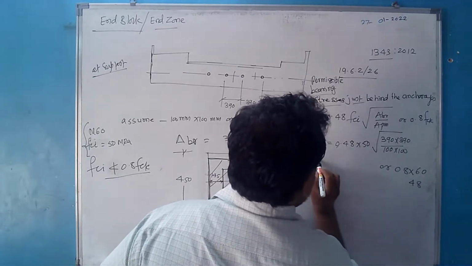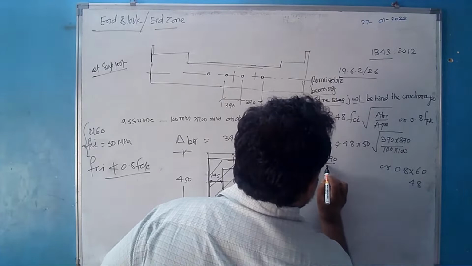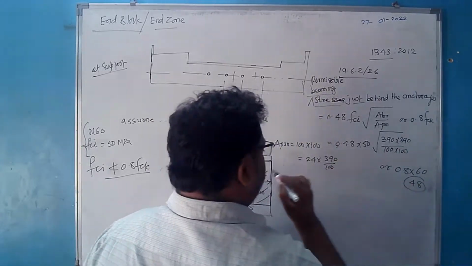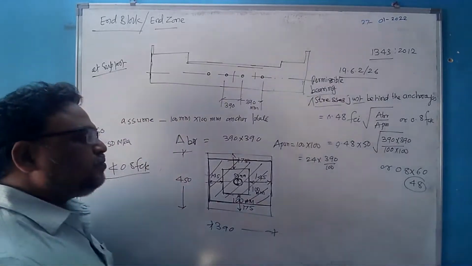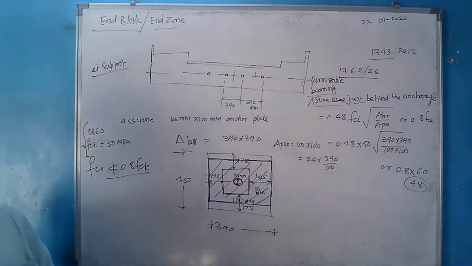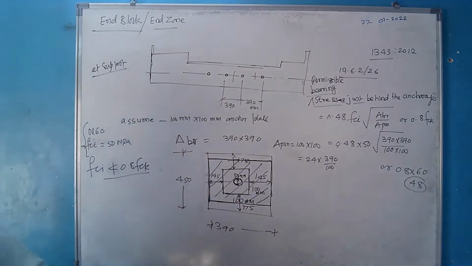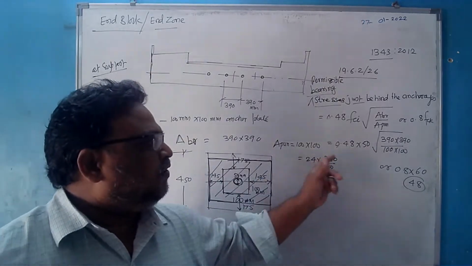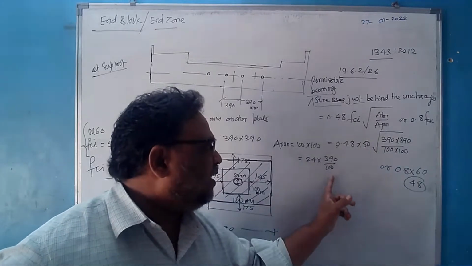So it is 0.48 into 50, which is 24, multiplied by root of 390 divided by 100. How much does it come to? And 48 MPa, the lesser of these two.